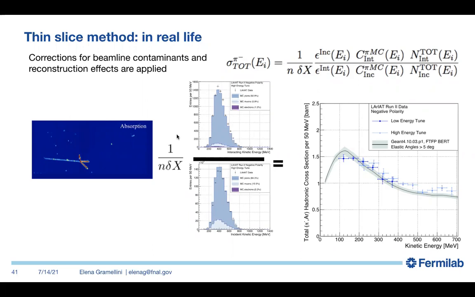The other is that sometimes your reconstruction doesn't really stop at the point of the interaction. Sometimes it stops before, and in a case like this, you really would like it to stop here, but it might pick up a little bit of this proton. And so you're missing some slices, or you're adding some slices.